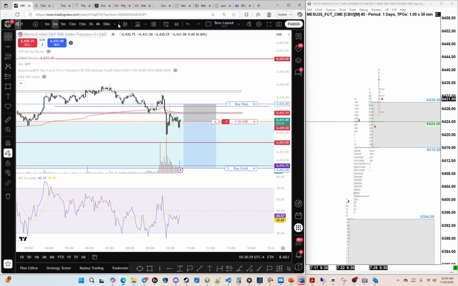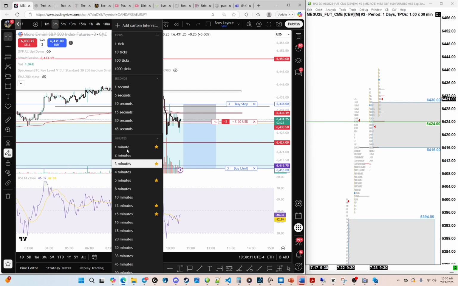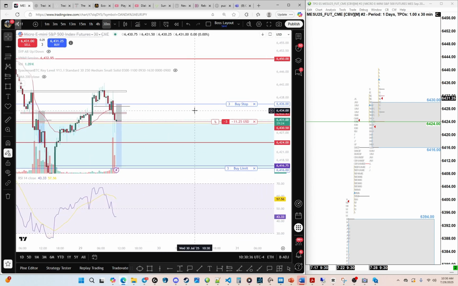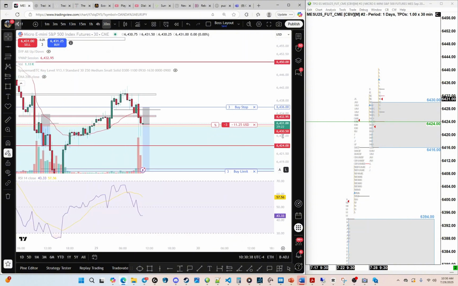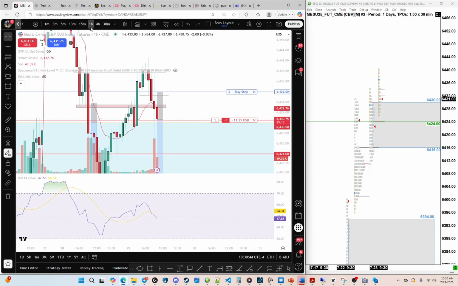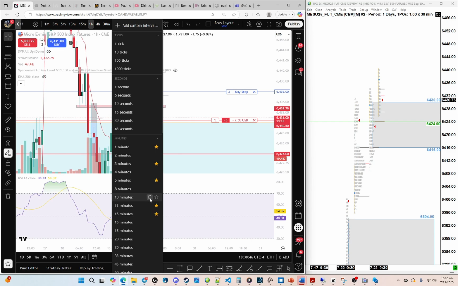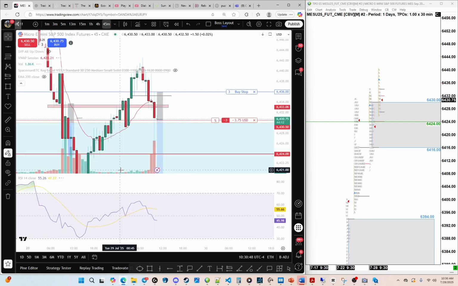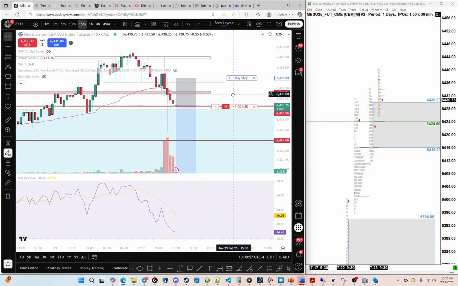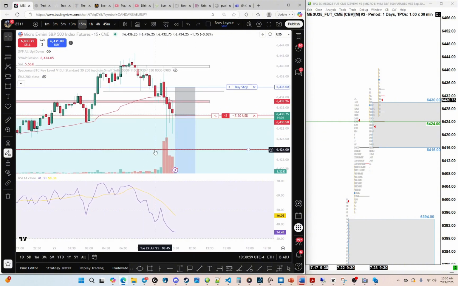Maybe I need to go up a time frame. Let's look at the 30-minute. 30-minute not really showing much. 1 hour. 45-minute though, don't look too bad. Okay. Yeah, 15-minute ain't really shown a reversal candle pattern just yet.